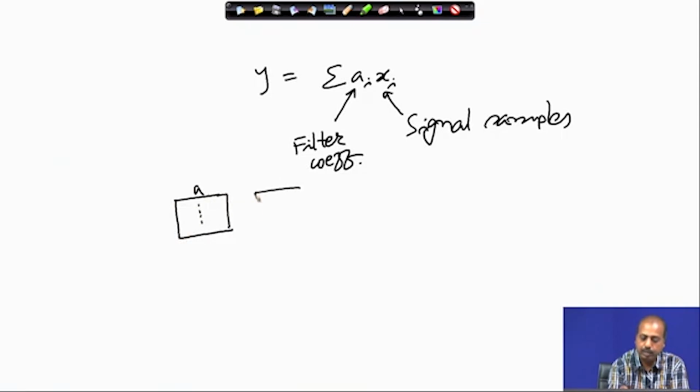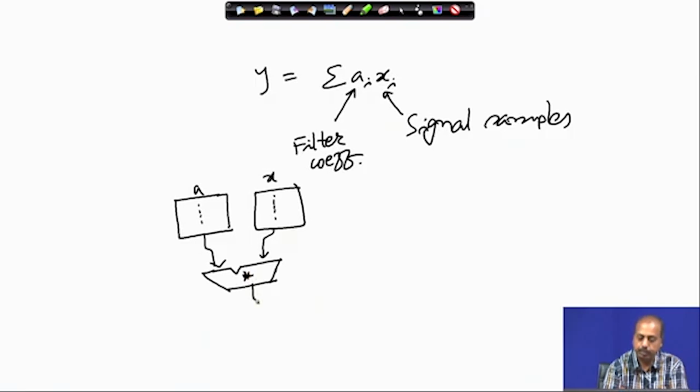You should have another bank of locations where it will have the x values, and then the successive values should be fed to a multiplier. So, a i and x i will be multiplied, and then it should go to an adder where it will do the addition part.